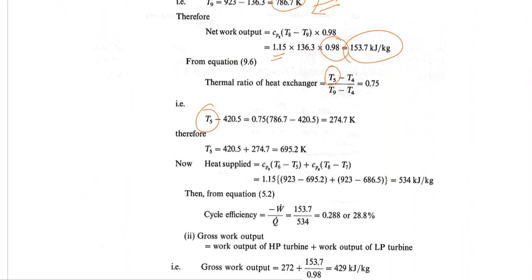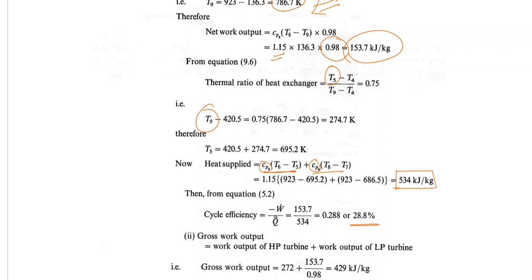So the heat supplied would be equal to Cp times T6 minus T5 in the combustion chamber, and in the reheat, T8 minus T7 multiplied by Cp. Both Cp values would be of the high end, because they are on the combustion chamber and reheat side. So heat supply would be 534. So the cycle efficiency would be 28.8%.